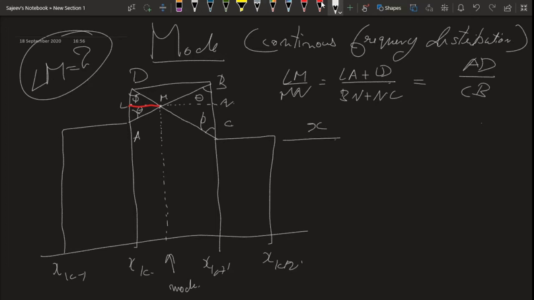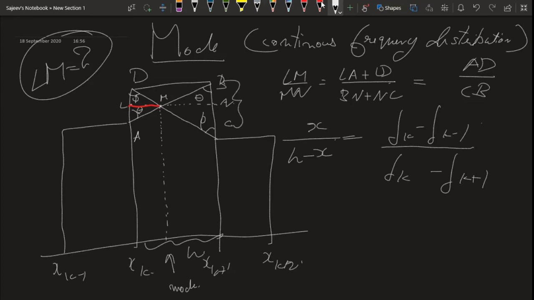So I am marking our unknown LM as x, and let the width of our class interval be h. So LM, we have x by h minus x equal to fk minus fk minus 1, where fk is the frequency, by fk minus fk plus 1.